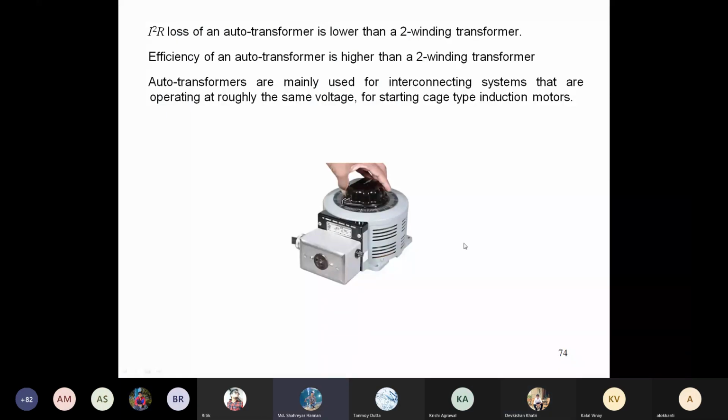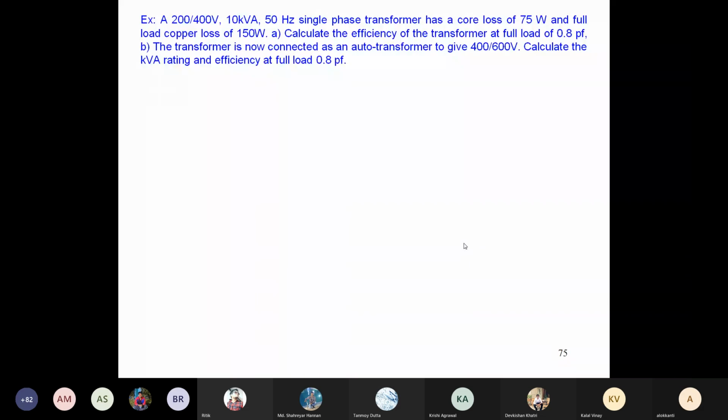Yes, sir. So we will do the example on auto transformer. Can you see the problem? You are given a two-winding transformer, 200 volts, 400 volts, 10 kVA, 50 hertz single phase transformer that has a core loss of 75 watts and a full load copper loss of 150 watts.